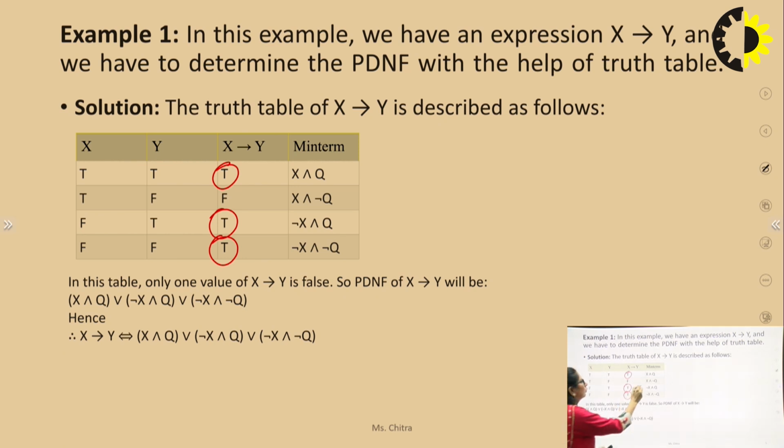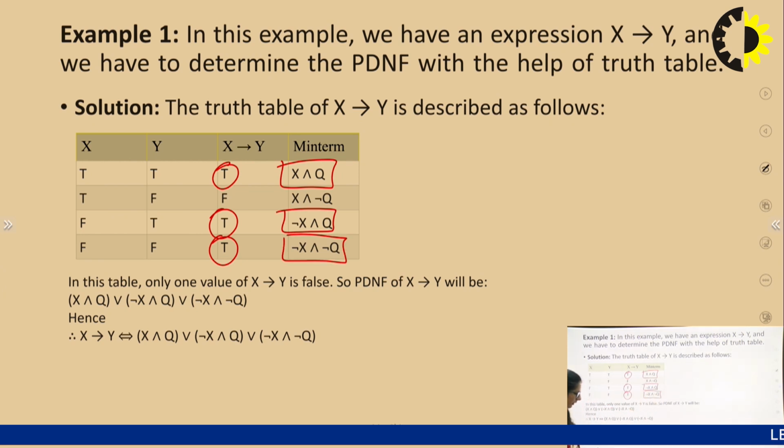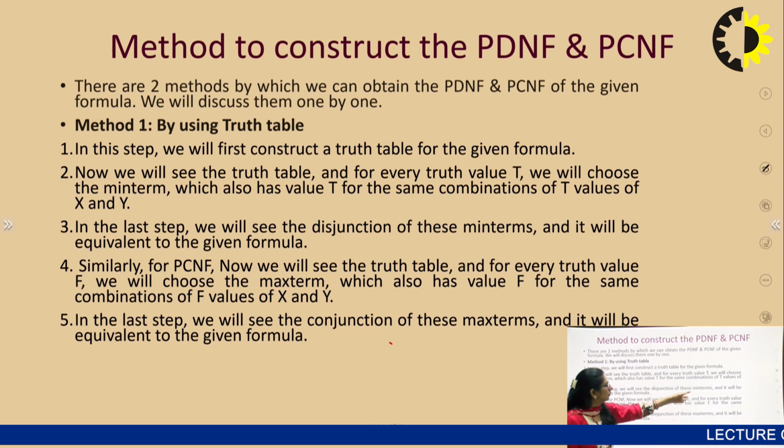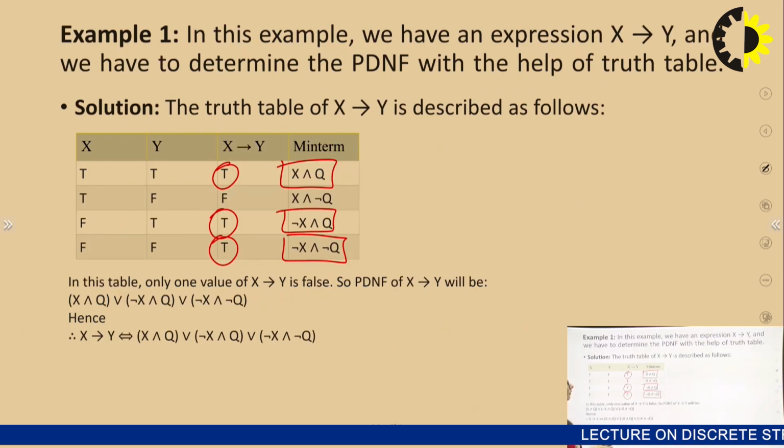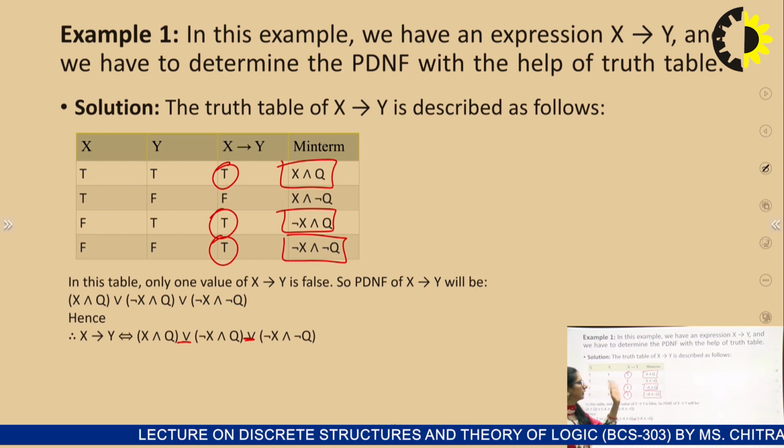Corresponding to the true values, we have this minterm, this minterm, and this minterm. Now, as we said previously, all the minterms you need to combine with the help of disjunction. We have constructed the truth table, and corresponding to the true values we have written the minterms. We need to combine these three with the disjunction. This is the PDNF form for the given expression.